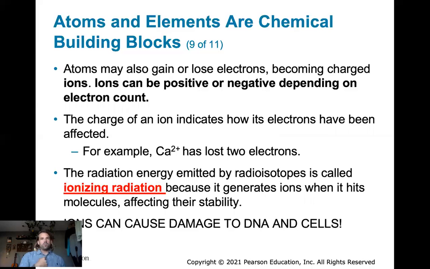So if you eat a radioactive molecule because you lived near nuclear fallout, that radioisotope is going to decay, shoot off some of its subatomic particles, and potentially interact with stuff in your cells or in your body, creating ions.